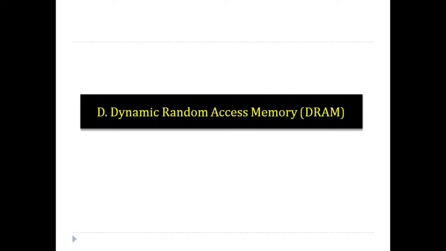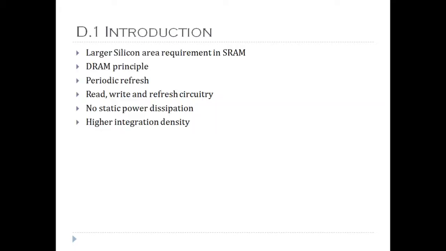Today we are going to continue our discussion with random access memory, and we are going to talk about dynamic random access memory. In the CMOS SRAM cell, there are 6 transistors used for one cell.